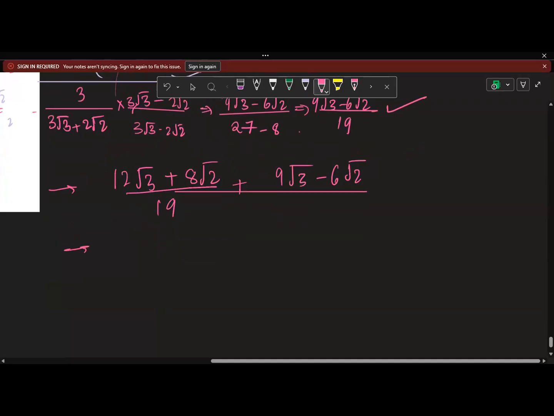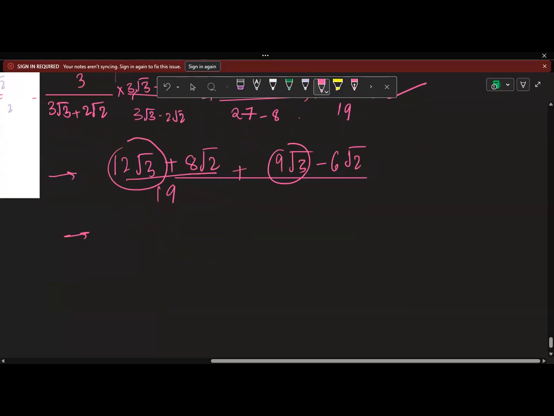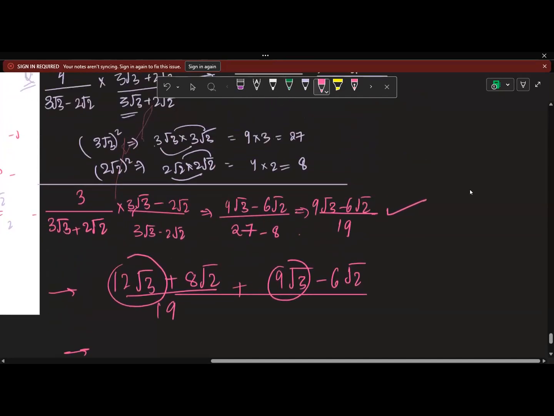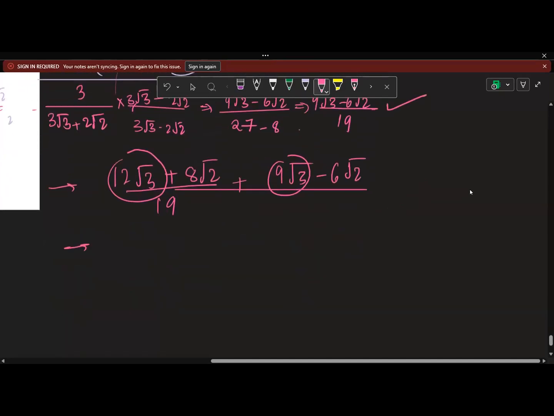Okay, so first of all, you can add or subtract only when the root number is same. So you can add 12 root 3 and 9 root 3. Ma'am, it's 3 root 3 minus 2 root 2. No, I'm saying the answer. Okay, the answer. Let's check. We are doing it step by step, right?